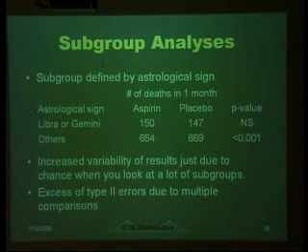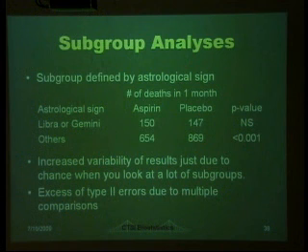Libra. When they looked at these 12 different astrological signs, basically the month that you're born, they found in the Libra or Gemini group, there were actually more deaths in the aspirin arm than in the placebo arm. Whereas in the other groups, you had a significant improvement from aspirin.